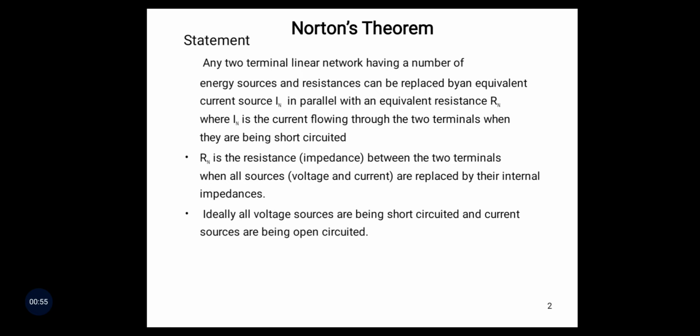The statement is: any two-terminal linear network having a number of energy sources and resistances can be replaced by an equivalent current source IN in parallel with an equivalent resistance Rn, where IN is the current flowing through the two terminals when they are short circuited, and Rn is the resistance or impedance between the two terminals when the sources, voltage and current, are replaced by their internal impedances.